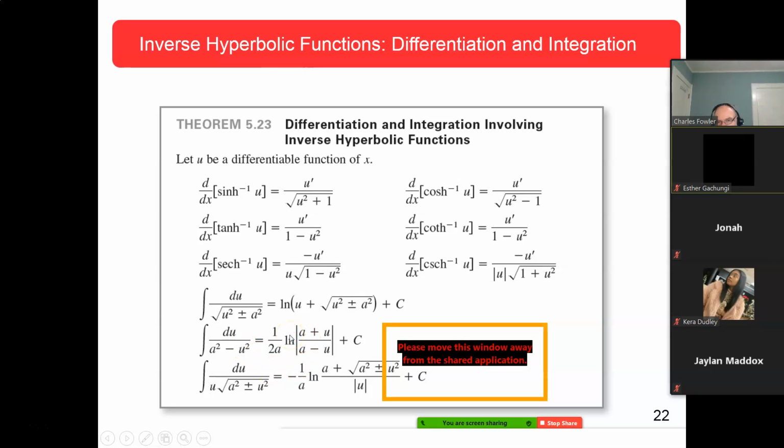But when you plug in what the log functions are, that's what you get here. And this again looks a lot like what you would have for trig secant or cosecant. Your plus or minus a would be plus or minus a up here.